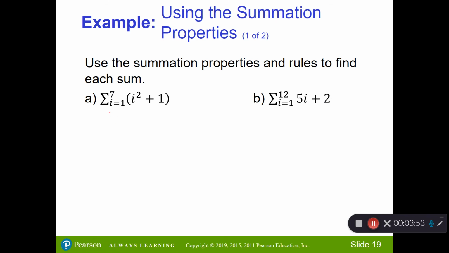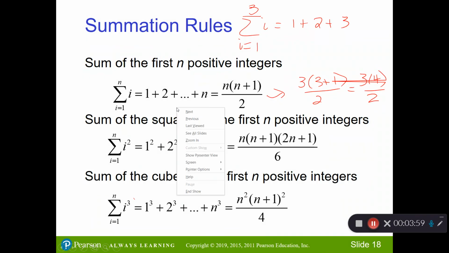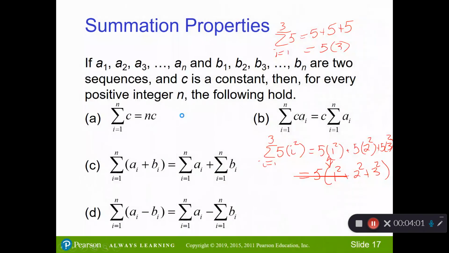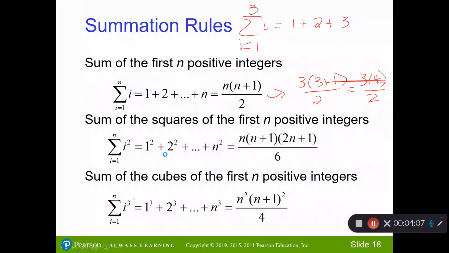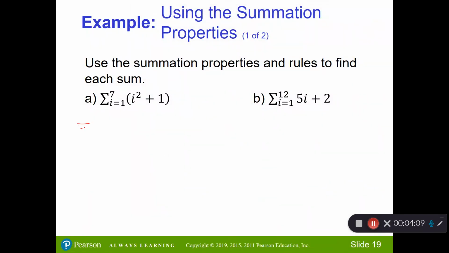Now, if I want to evaluate the sum from i equals 1 to 7 of i squared plus 1, let's back up a couple of slides. First thing that I'm going to do is I'm going to say I can break these into two separate sums. That's what this property says. So I would first write this as the sum from i equals 1 to 7 of i squared plus the sum from i equals 1 to 7 of 1.